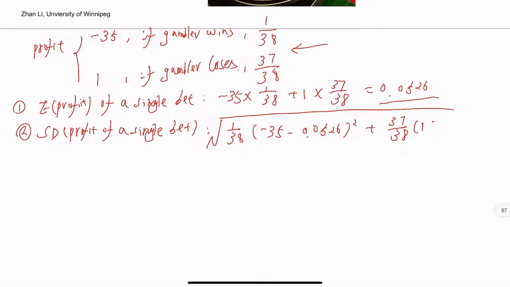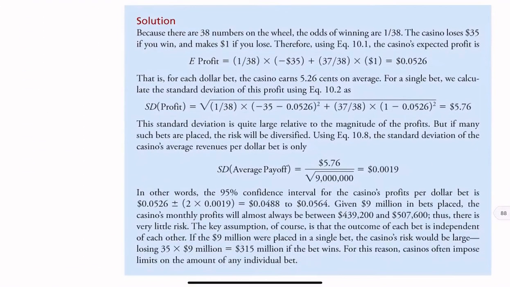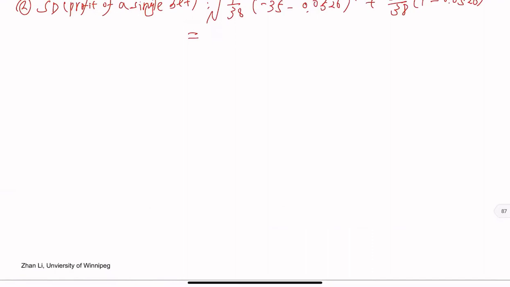And 1 minus the expected value. So this gives us, let's see, 5.76.